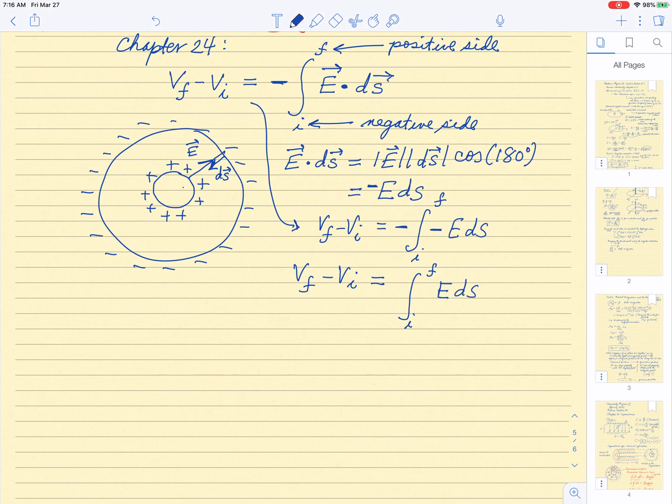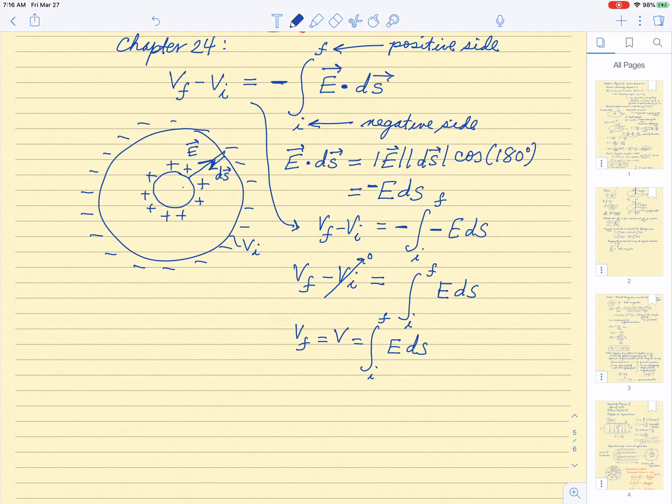Right, usually V initial is at 0 volts. And so in this case, V final, which then is going to be V, is going to be the integral from V initial to V final E ds.